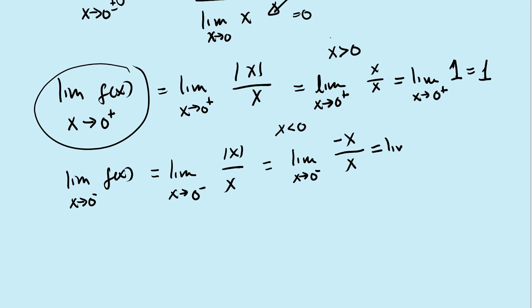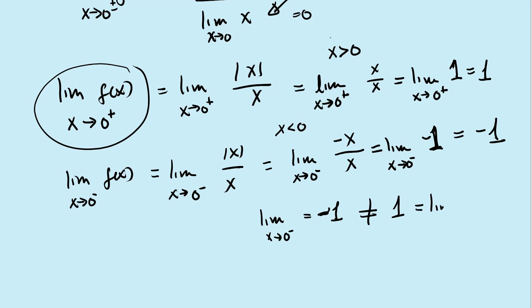Again, we simplify. The limit here as x goes to 0 from below is the limit of just negative 1. And again, because this is a constant, we can just write this as negative 1. So the limit from below equals negative 1, which does not equal positive 1, which is the limit as x goes to 0 from above of this function f of x.